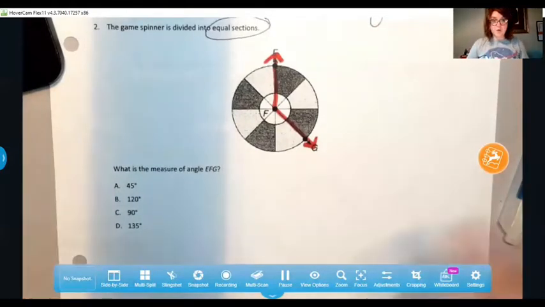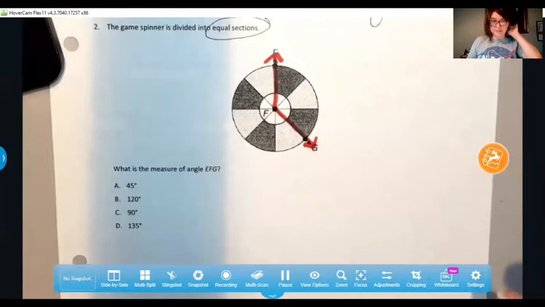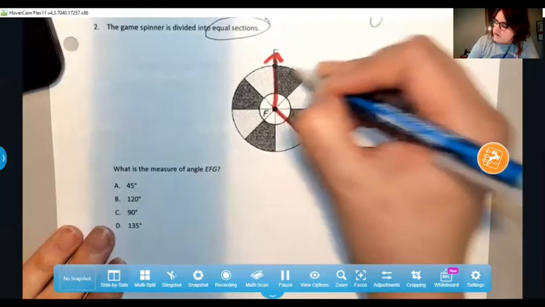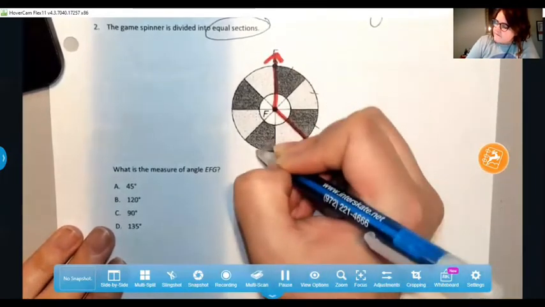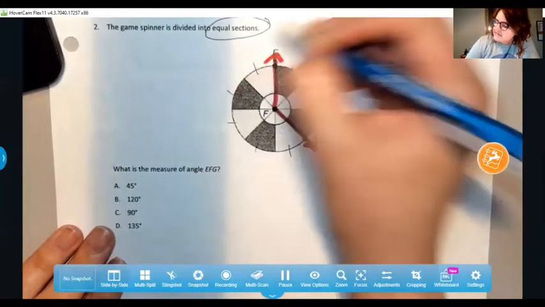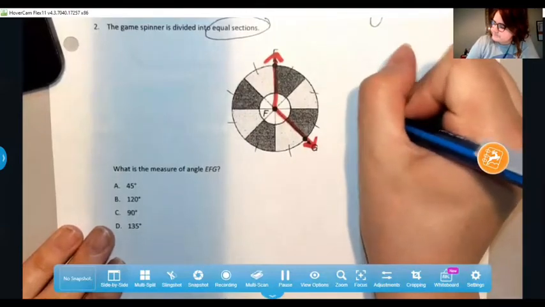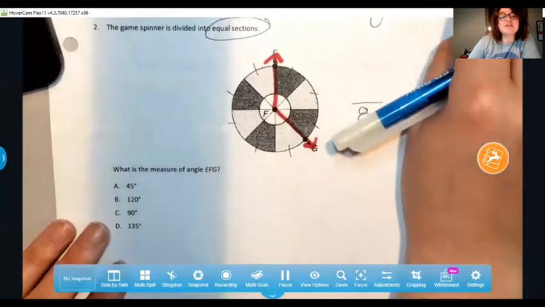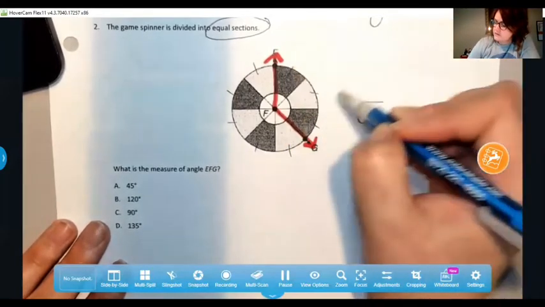Let's first figure out what our whole and our parts are. If we're divided into equal sections, that's going to be our whole. We've got 1, 2, 3, 4, 5, 6, 7, 8. And our part is going to be whatever is in the angle: 1, 2, 3.